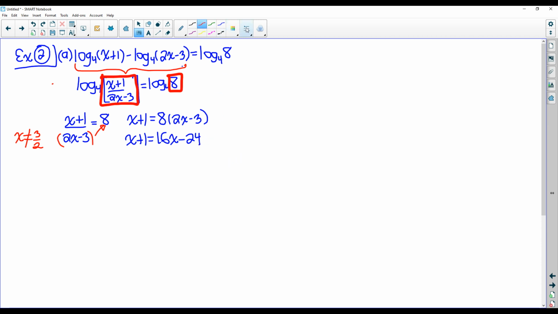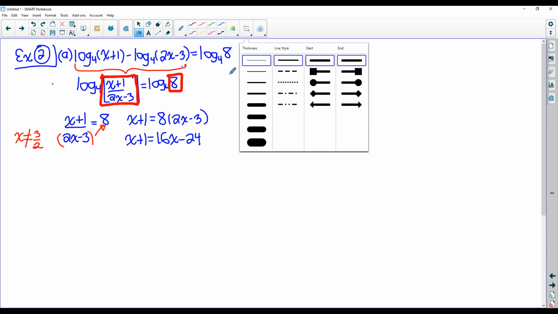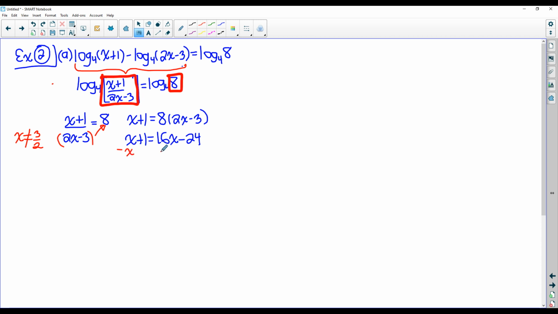And then what I want to do is I want to get the x's on one side, and I want to get the constant terms on the other side. So the way I'll do this is we're going to subtract x from both sides, subtract x, add 24 to both sides, add 24, I should say, not 25.